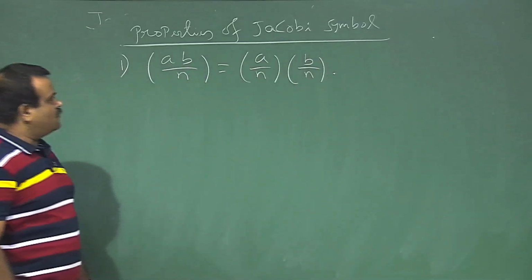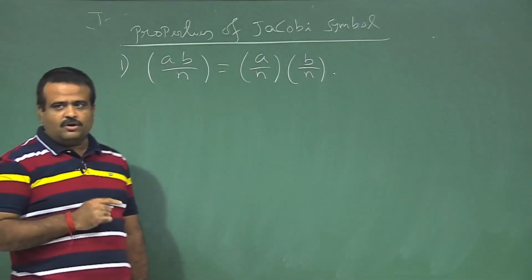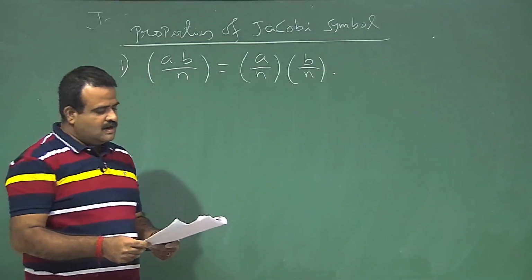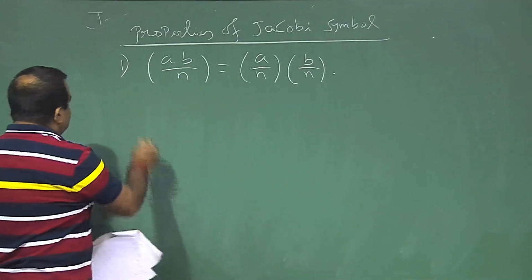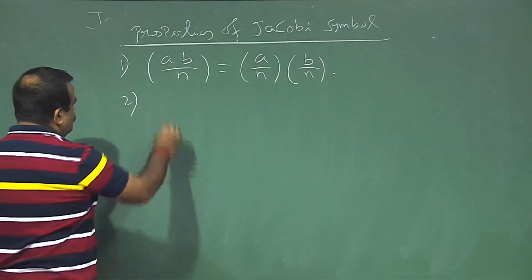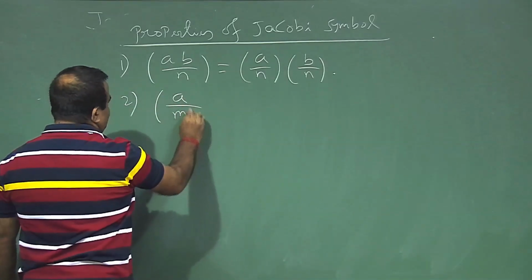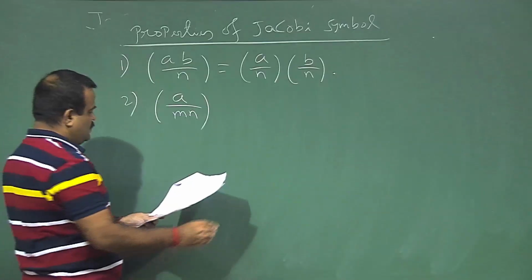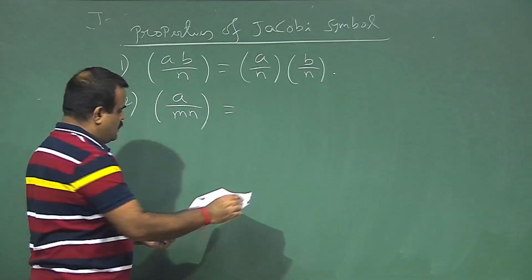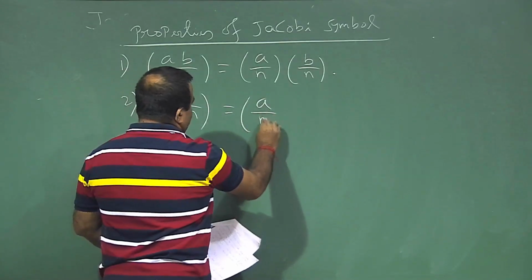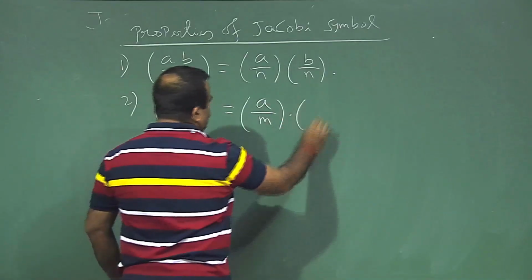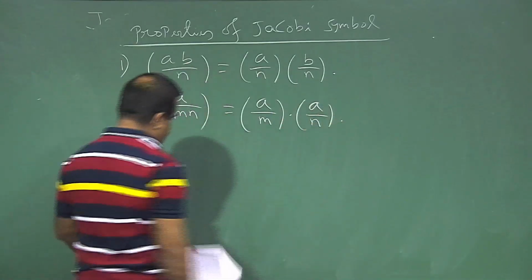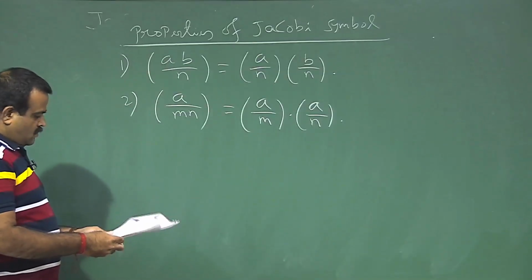This can be proved from the Legendre symbol theorem; we have seen this type of result for the Legendre symbol. Now (a/mn) is basically (a/m) times (a/n). This also we can prove.